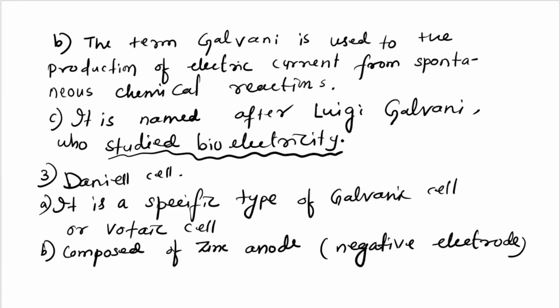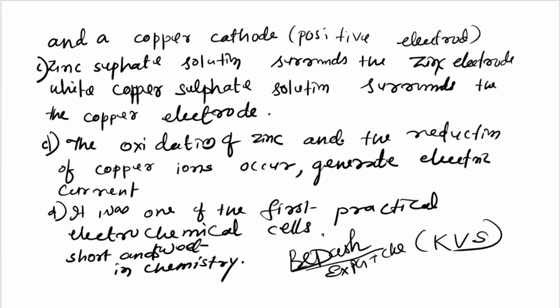And the Daniell cell is a type of galvanic cell. It is composed of a zinc electrode at the anode, the negative electrode, and a copper electrode, the positive electrode, that is the cathode.